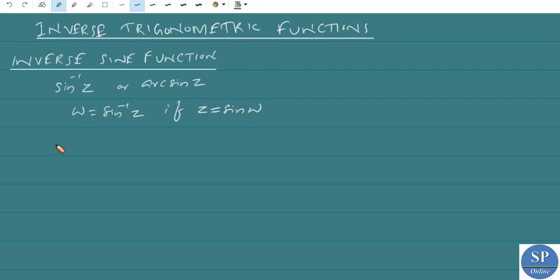So now z is equal to sine w, which is nothing but e to the power iw minus e to the power minus iw divided by 2i, right?